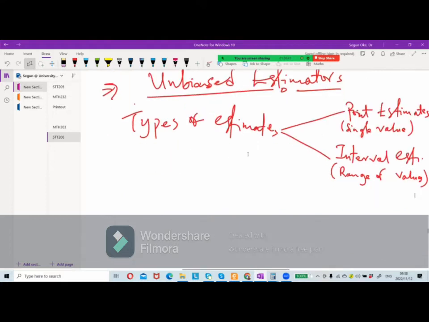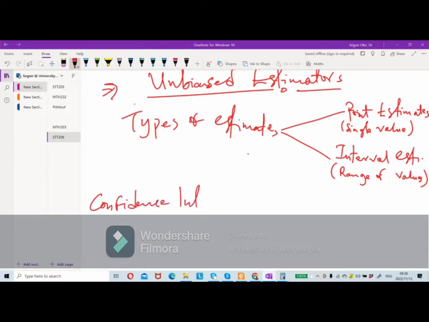When you say confidence interval, it is an interval estimate. So, e.g., we have 90% confidence interval, 95% confidence interval, 99% confidence interval, and so on.